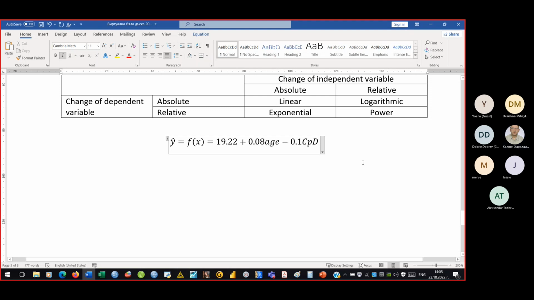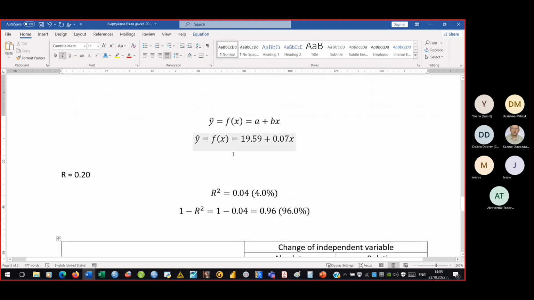So before the break, I said that if age increases by 1 year, then optimism will increase by 0.07 scores.